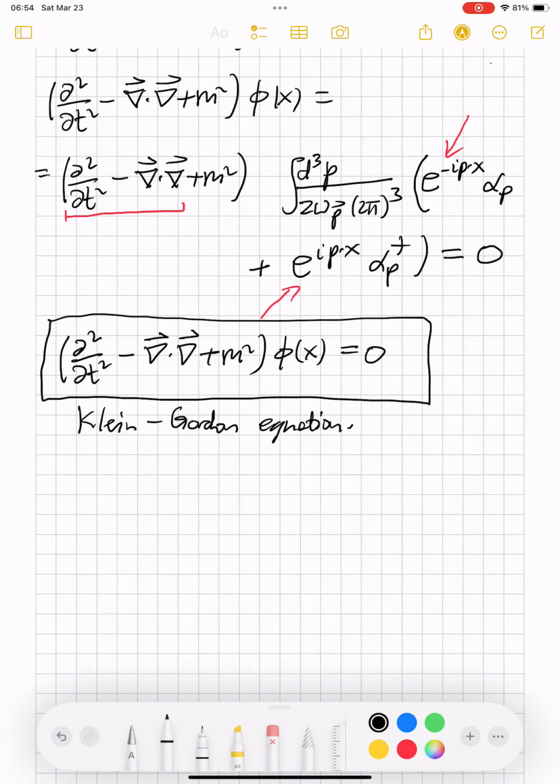In fact, the Klein-Gordon equation is a Lorentz invariant equation and a translation invariant equation. So it's a Poincaré invariant equation. So now we're putting in that same content of how the field should transform, but we're putting it into the equation of motion. This is the Klein-Gordon equation. This is the equation that you would usually solve to get hold of a free scalar field.